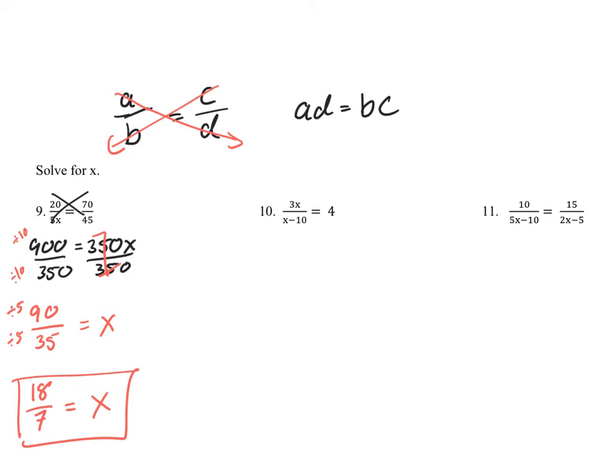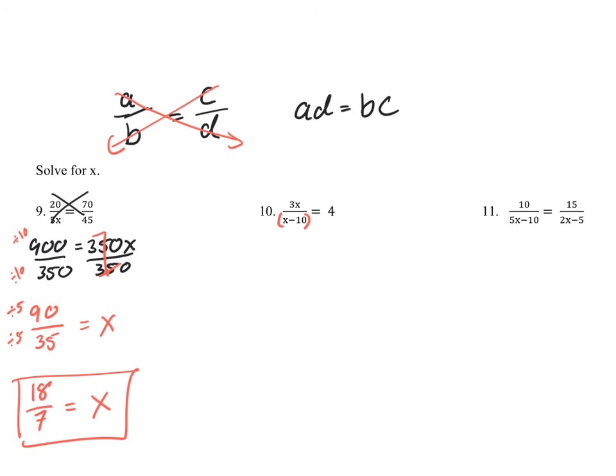Okay, so we're going to continue this way and work on solving some more difficult proportions. Whenever we have a proportion where we have a polynomial larger than a monomial, like we do here in the denominator of our first ratio, you want to group it using parentheses so that when we do our cross multiplication, you don't forget to distribute, because we're going to have to distribute.